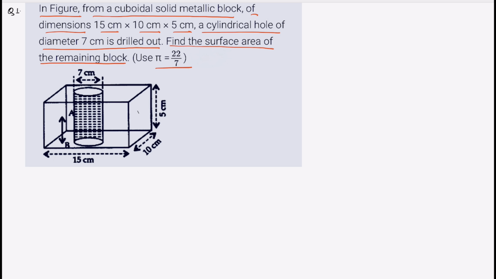Now what we have to do is find the total surface area of the figure that we have obtained after drilling out the cylindrical hole. To find this, first we find the total surface area of this cuboidal block. Next, we remove the upper part and lower part of the cylindrical area, because this is hollow, so we have to remove this area from the total surface area of the solid metallic block.